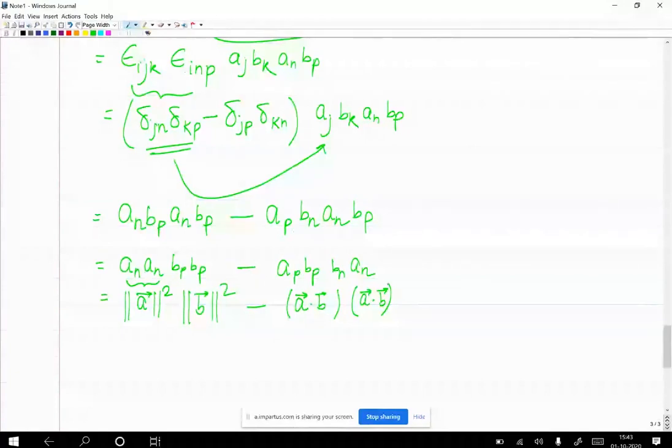Okay, so have you now mastered summation convention? Can you work out any problem now? What do you think? If there is any confusion, please ask me.